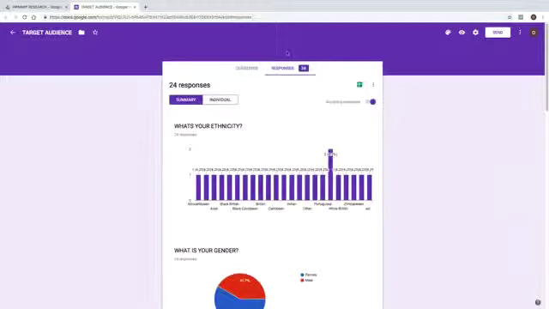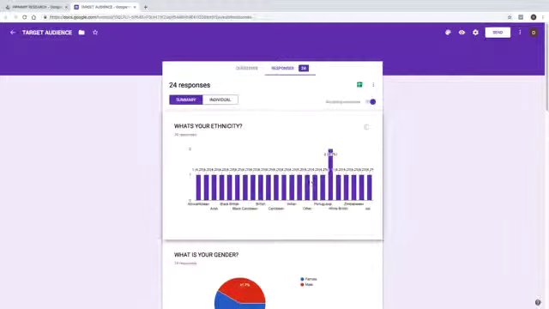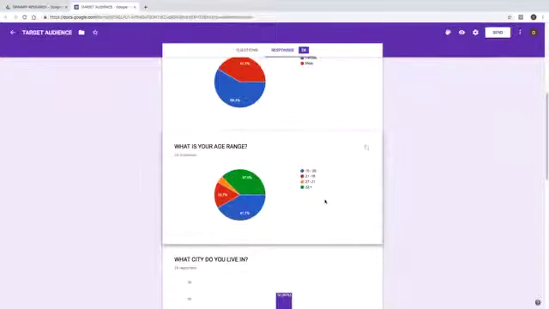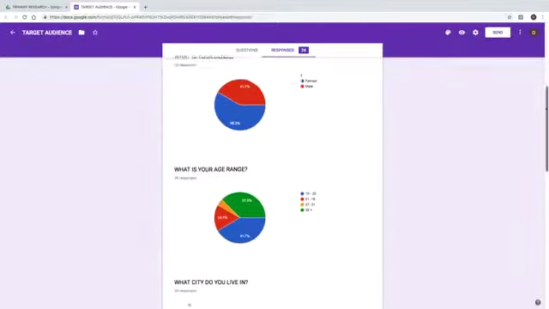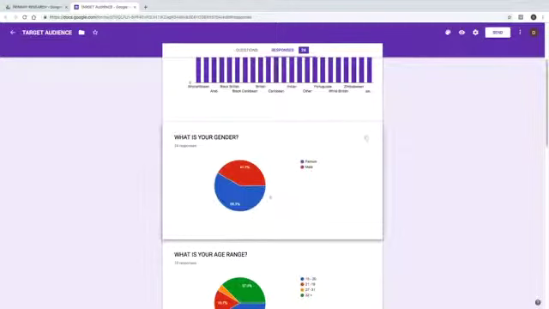Some of the responses were kind of interesting because the statistics were incorrect. The way I laid it out was incorrect, so it didn't come out exactly how I wanted. But an example is, what is the gender? Here I got 58.3% female and 41.7% male.